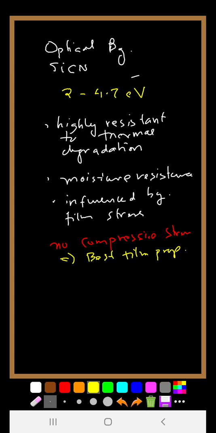Now, with rising argon concentration in the gas mixture, the silicon content in the film rapidly increases, whereas carbon decreases, and nitrogen concentration as well.